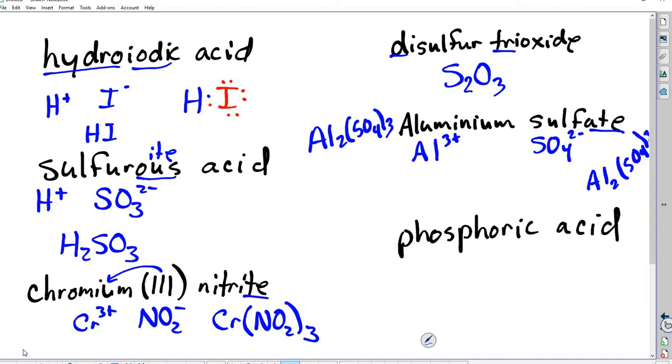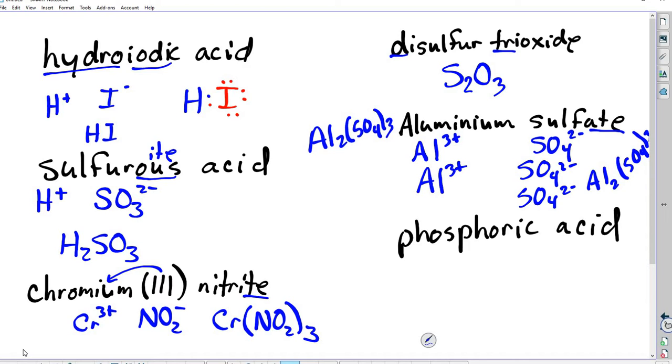So when I put these together, I would need 2 Al3+ to go with 3 SO4 2-. So if I was to draw it as ionic, that's how I would draw it. Okay? If we're just using 2 elements, then I would show the Lewis dots around them too.